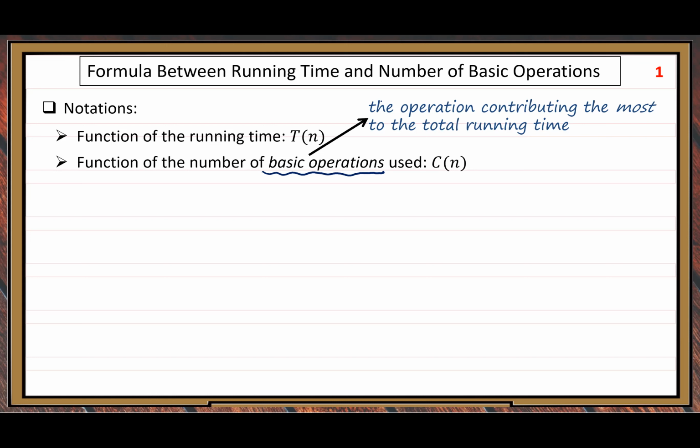So then we treat multiplications as our basic operations. That's the meaning of basic operations. Then I use another notation, execution time of basic operation, little c sub op.